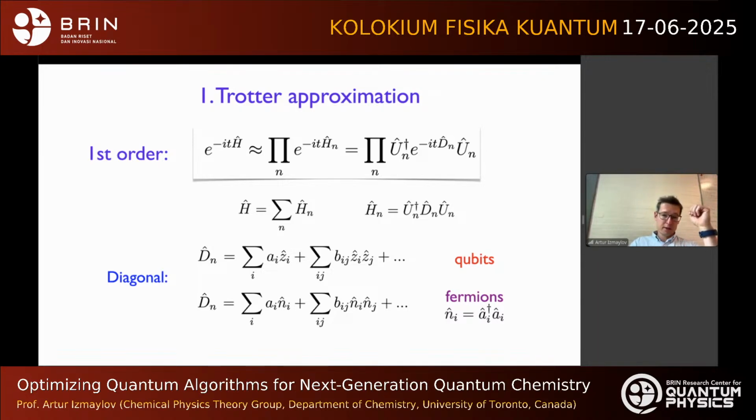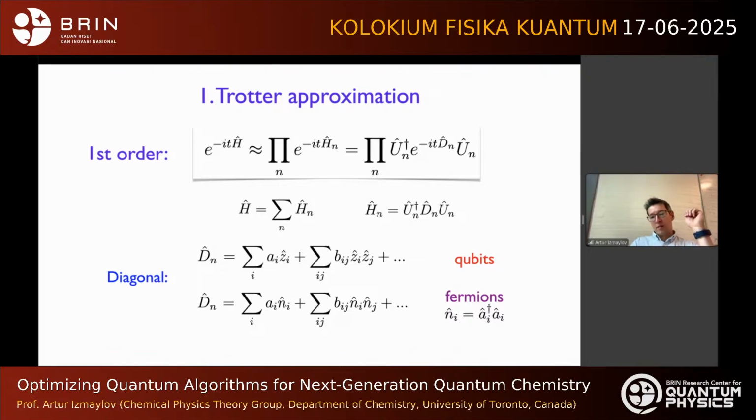In the qubit space, in the computational basis, the operators that produce diagonal matrices are simply polynomials of sigma z, or Z in short, Pauli operators, right? And the alternative is to work in the fermionic space, figure out what kind of operators you can diagonalize, and then go to the qubit space.